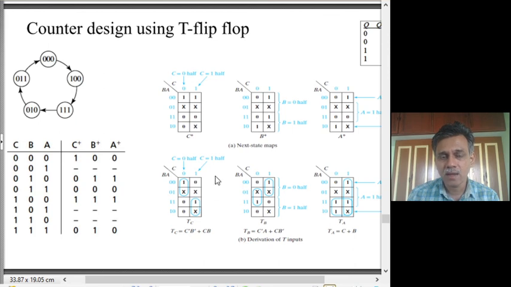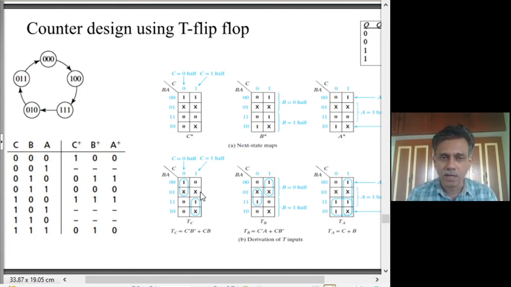Which means that we have to complement the C is equal to 1 half of the K map of the C plus and copy it into the C is equal to 1 half of the K map of TC. Of course, the X's remain as X's in both the K maps. So this is the simple technique we have to do.